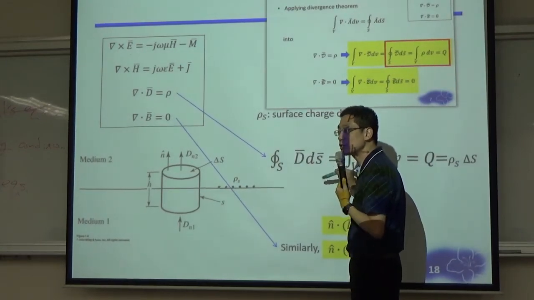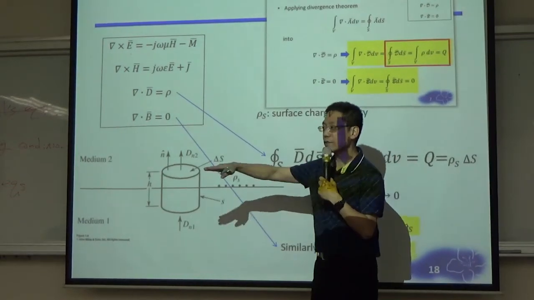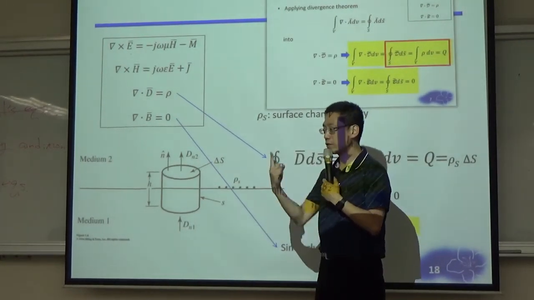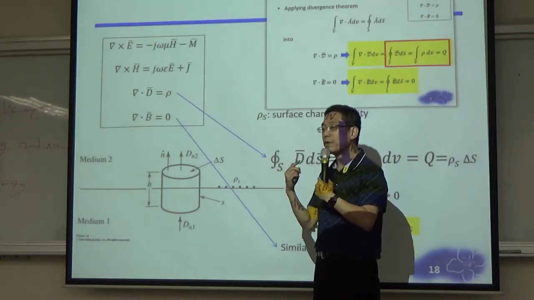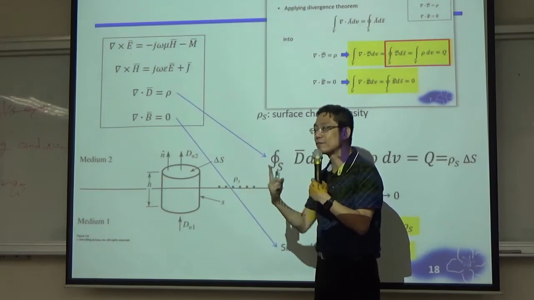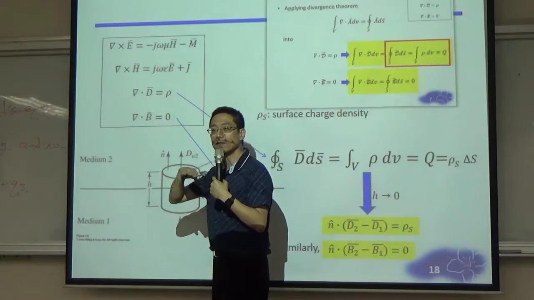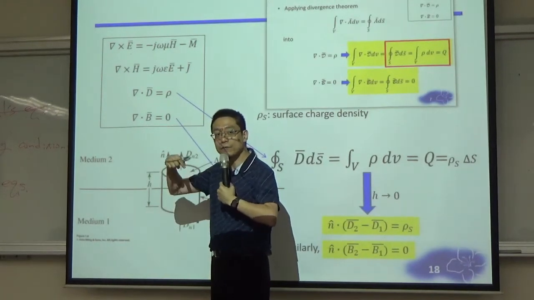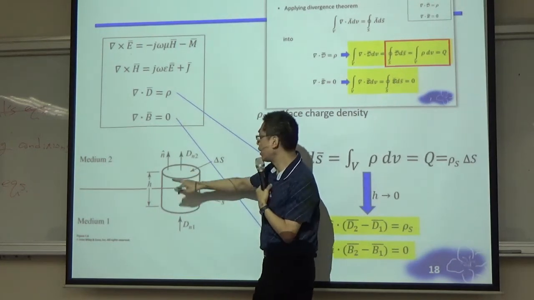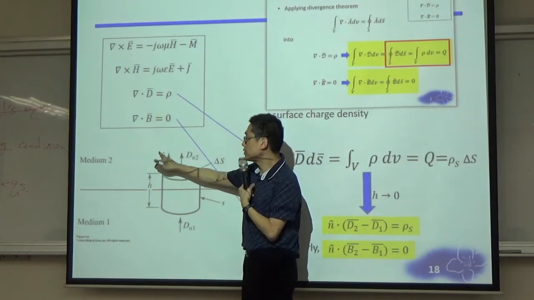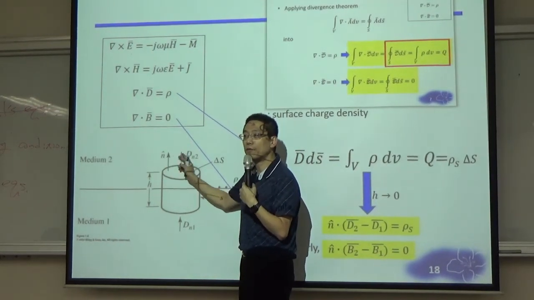The result is just the direction of the surface. If I have a surface S, the direction is perpendicular to this surface, and we call this N, the unit normal vector of the surface.